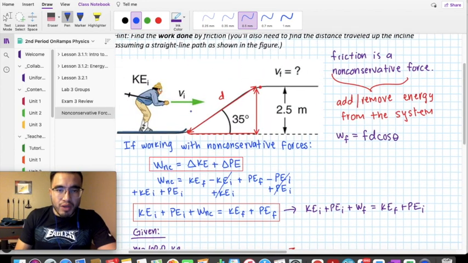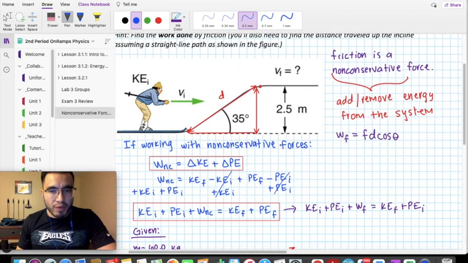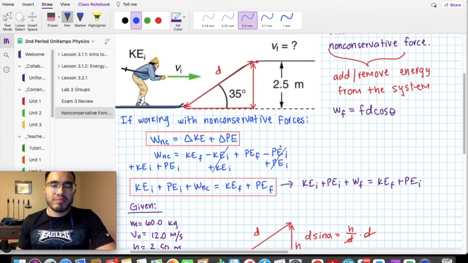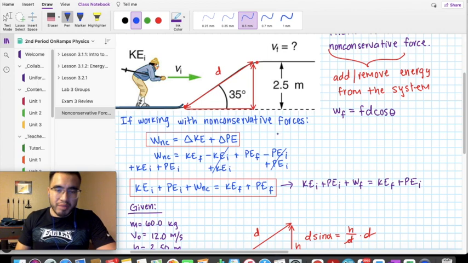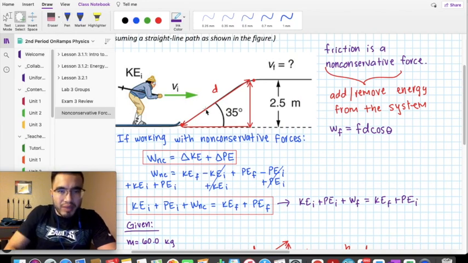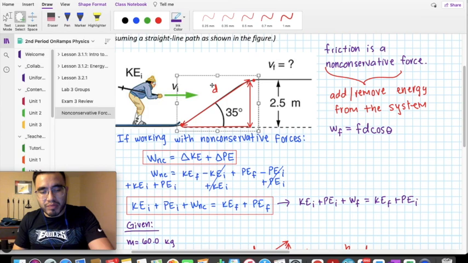Then we have the weight of this person, which is a force. So we have to use some forces. And to do that, I'm going to copy this triangle again because we have to do a free body diagram. If we have forces, we should do a free body diagram. It's part of the stuff we learned in unit number 2.